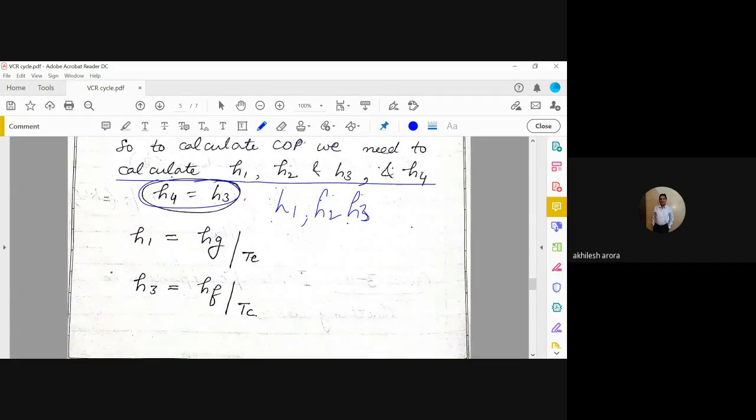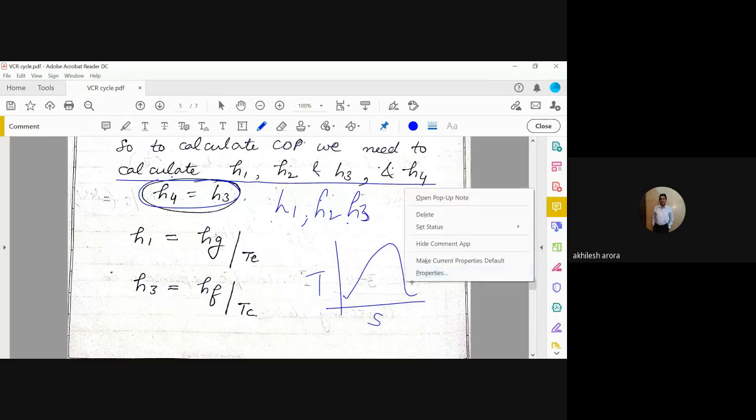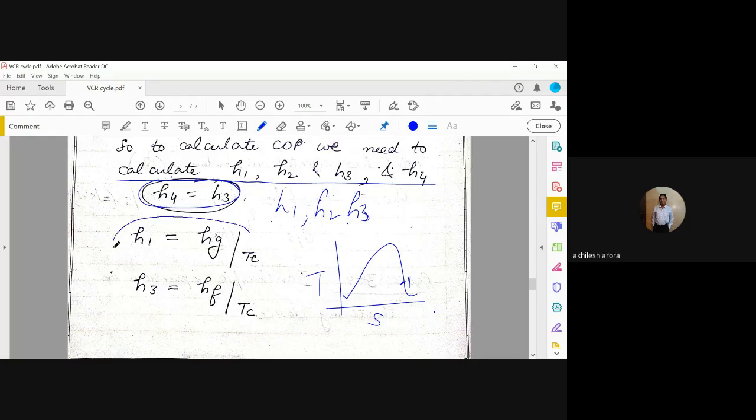Now if you remember exactly, this is the TS diagram. This is the state point 1 here. Okay. This is state point 1. It is on the dry saturated vapor line. So enthalpy H1 should be equal to H corresponding to the value of the evaporator temperature.